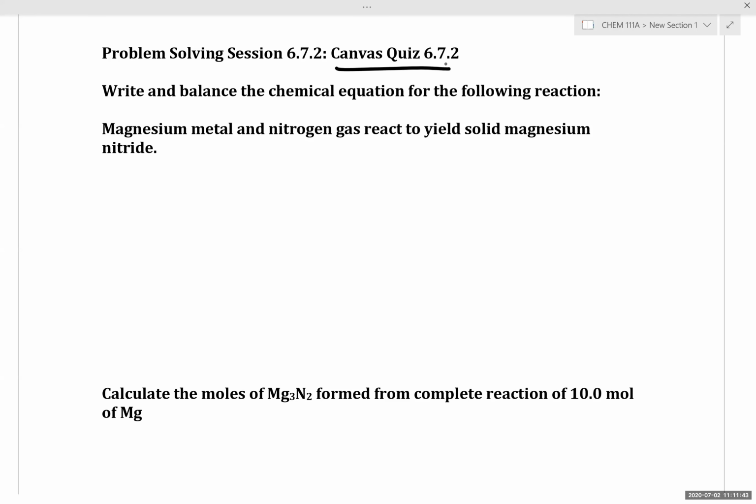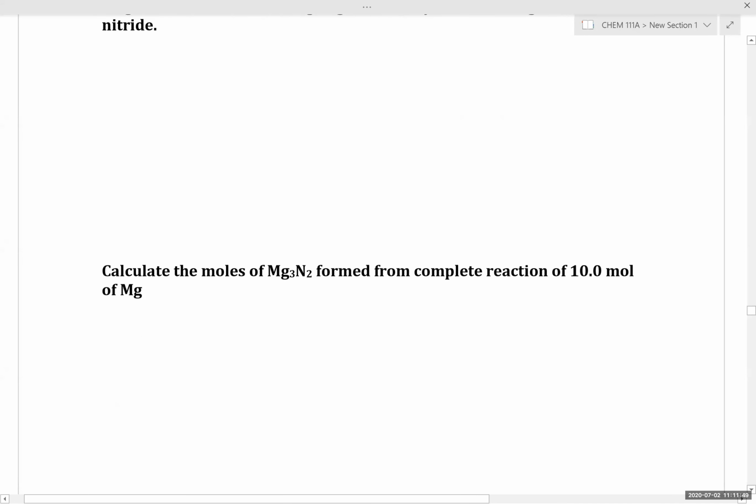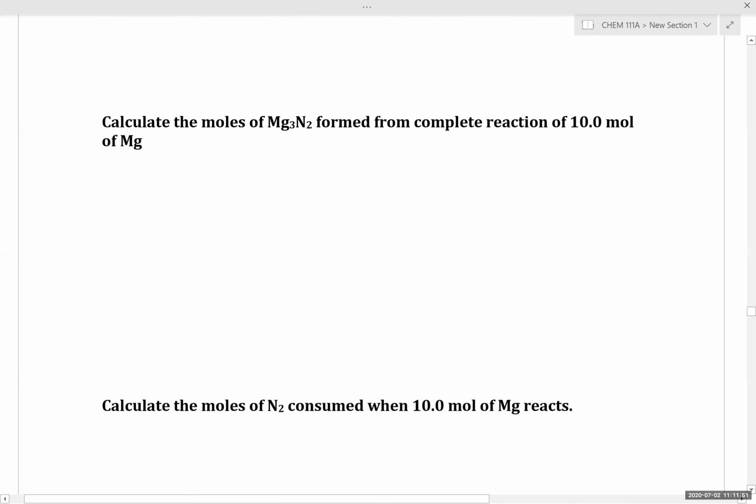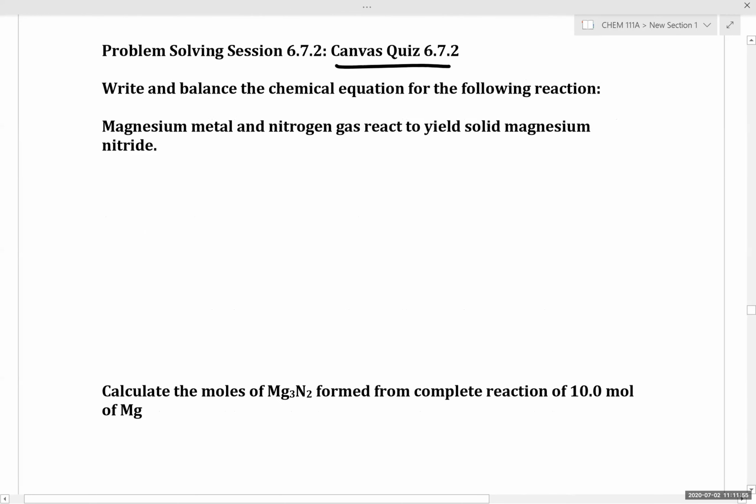First, we'll discuss the chemical equation in about 3 minutes, and then we'll discuss the rest of this problem, the 2 parts, in approximately another 3 minutes. So don't be shy to submit your responses via Canvas or in the chat, and we'll discuss momentarily.